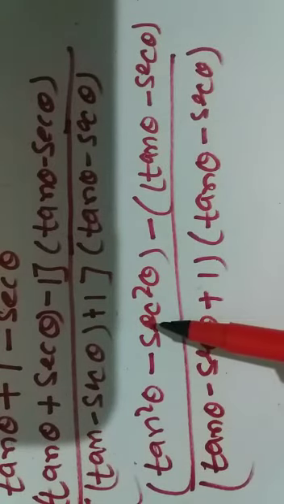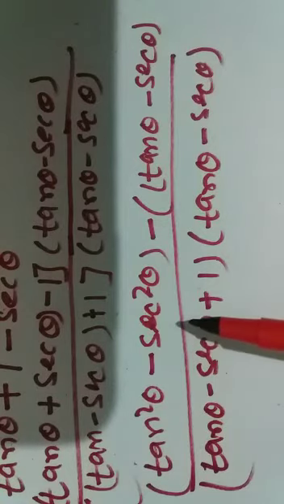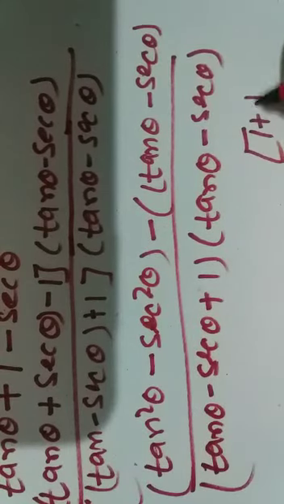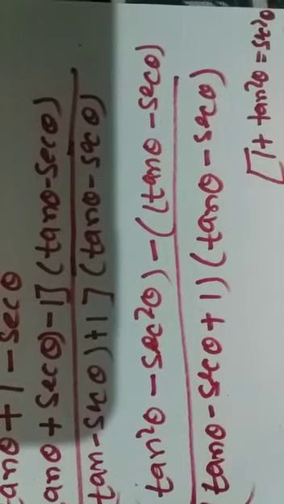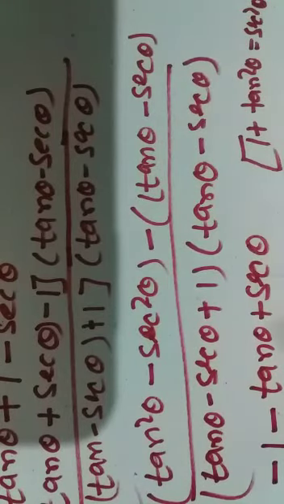Now see here, in place of tan square theta minus sec square theta, what will we write? We know that 1 plus tan square theta is equal to sec square theta. So tan square theta minus sec square theta is minus 1. So in place of this one we will write minus 1, and minus tan theta and plus sec theta.